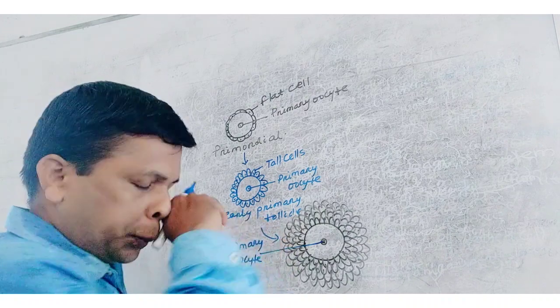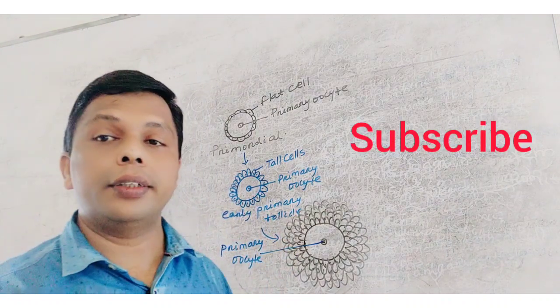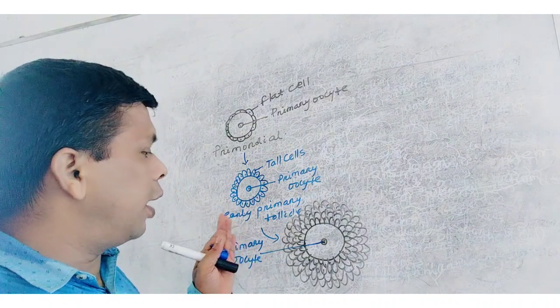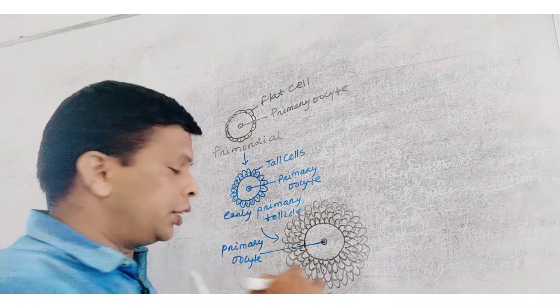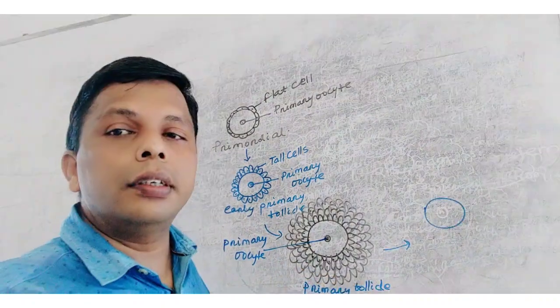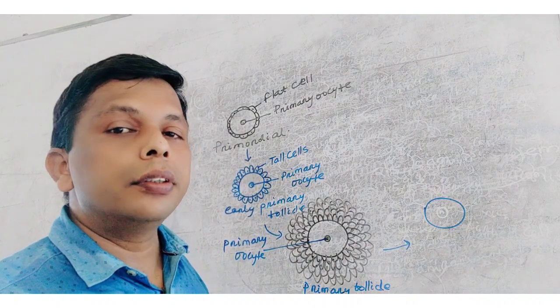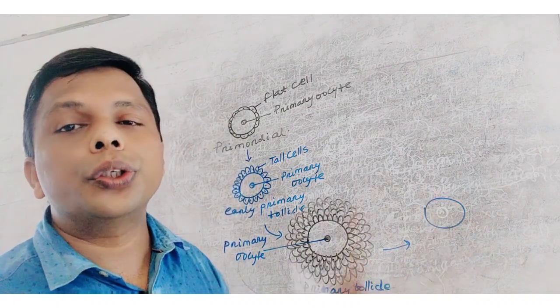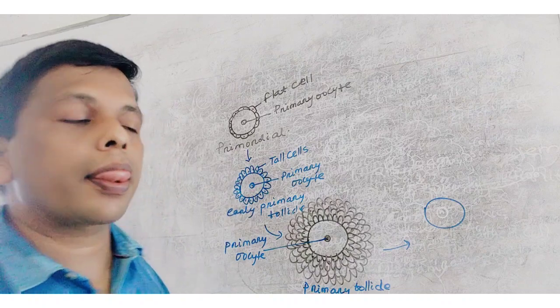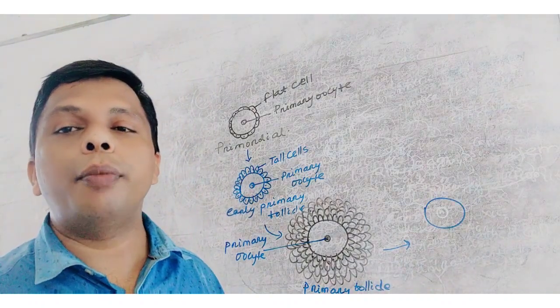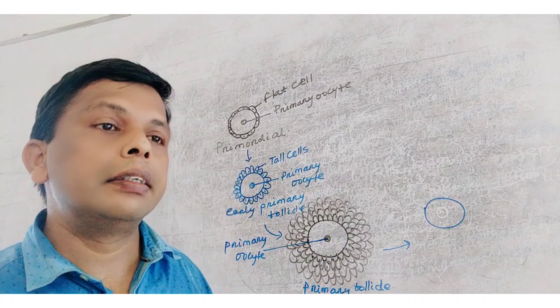Primary oocyte. What happened after that? This primary follicle now gives rise to the secondary follicle. What is the difference between the primary and secondary follicle?